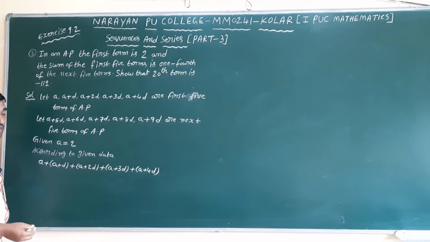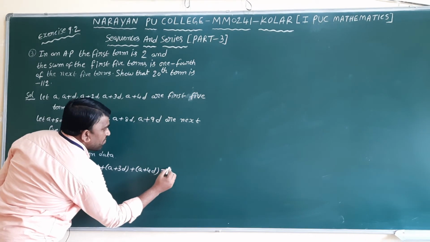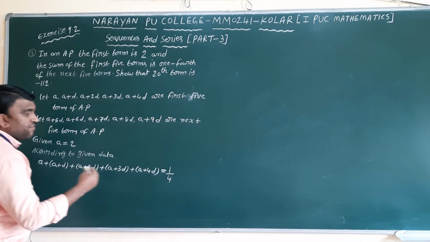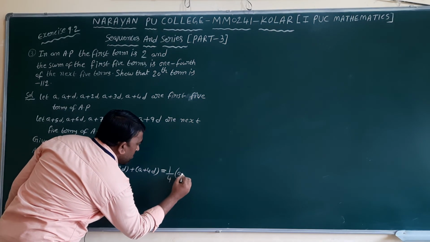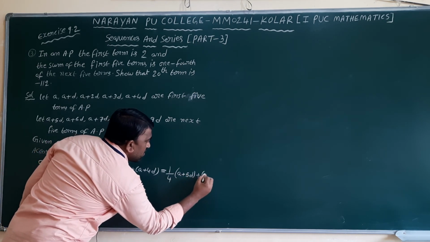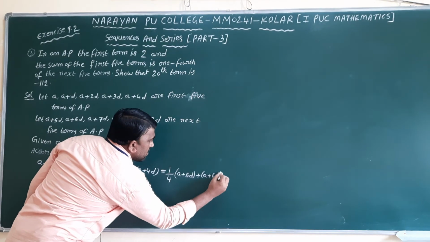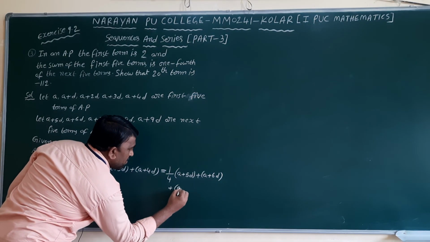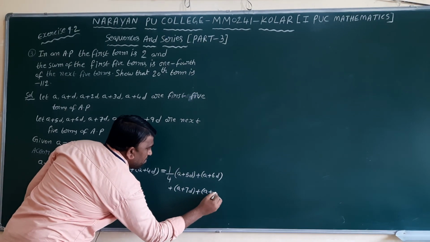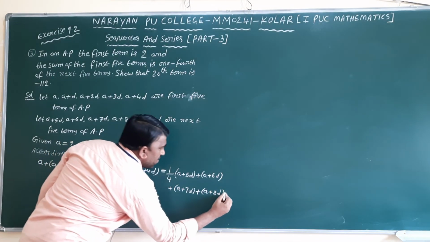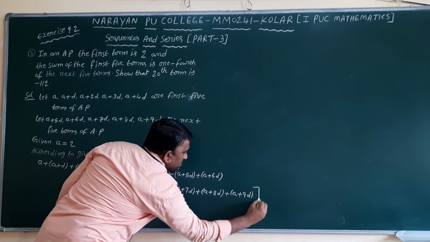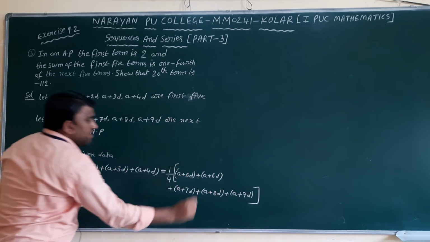The sum of the first five terms is equal to 1/4 of the next five terms: A plus 5D plus A plus 6D plus A plus 7D plus A plus 8D plus A plus 9D. That is the given data.